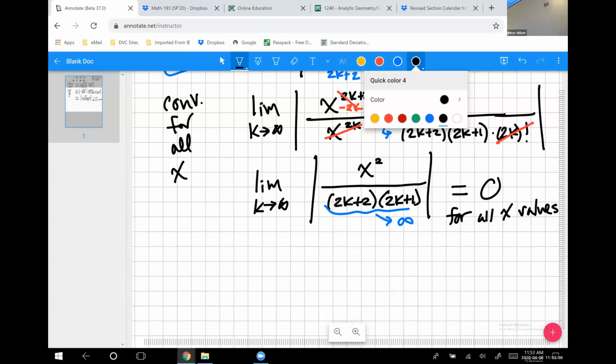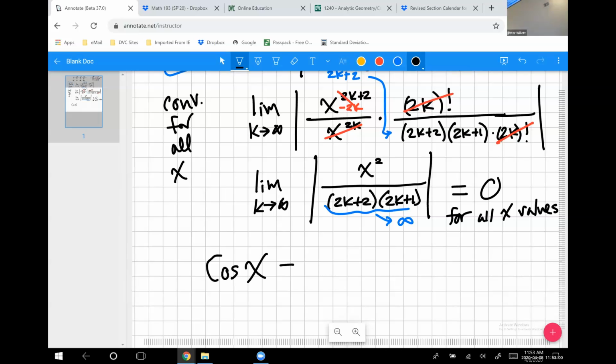So literally, cosine x is equal to 1 minus x squared over 2 factorial plus x to the 4th over 4 factorial minus x to the 6th over 6 factorial for every value of x.